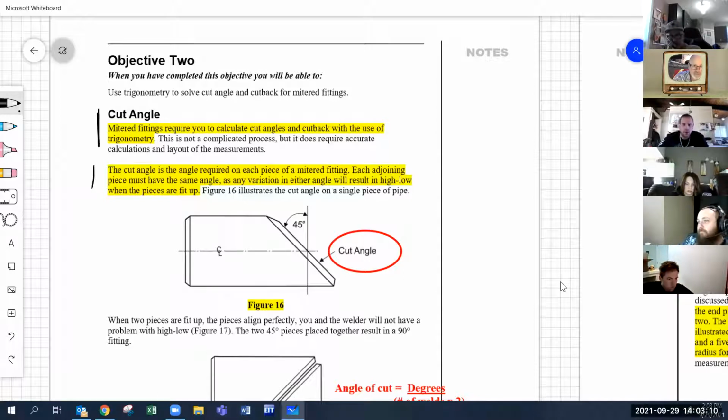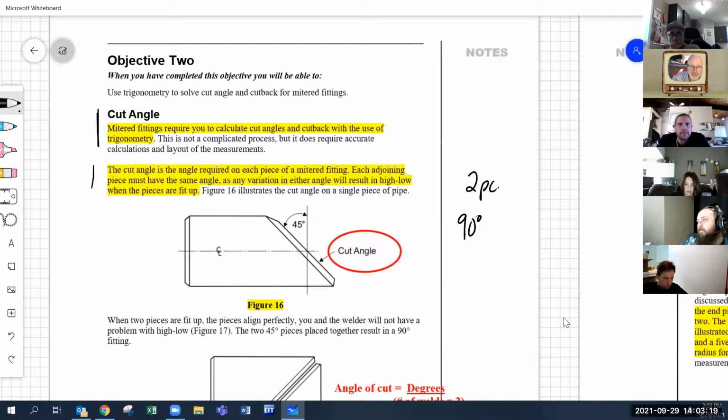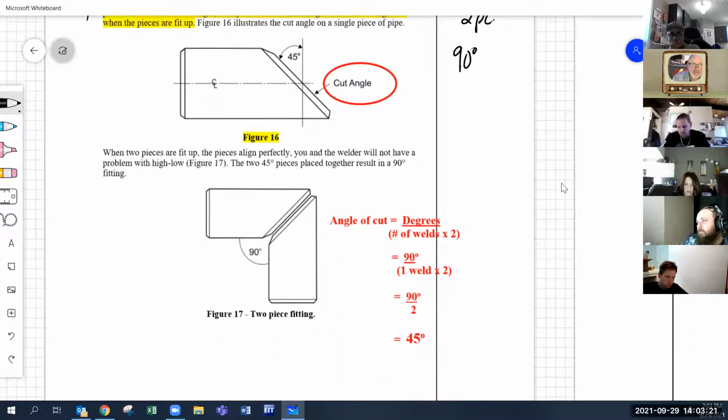For example, if we're doing a 2-piece miter 90-degree, as you can see, we only have 2 pieces to make that 90-degree angle. So in this example, you take the angle of your cut, which is 90, and divide it by the number of welds times 2.